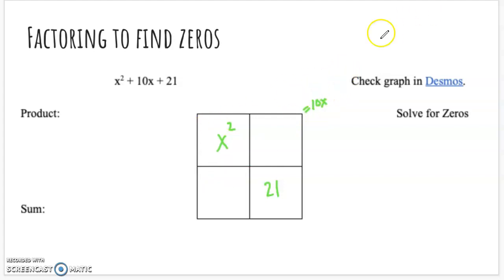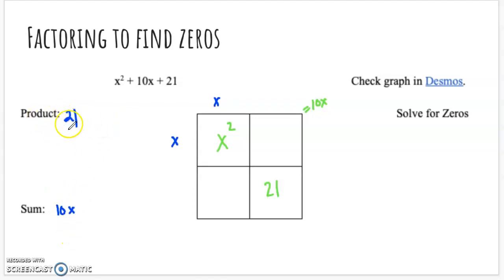So let's see here. If I start working this out, I know x squared is going to be x times x. So I want to think, what kind of numbers multiply to make 21? And then I'm going to look for those numbers that add to make that 10x. So I'm looking for numbers that multiply to make 21 and add to make 10x.